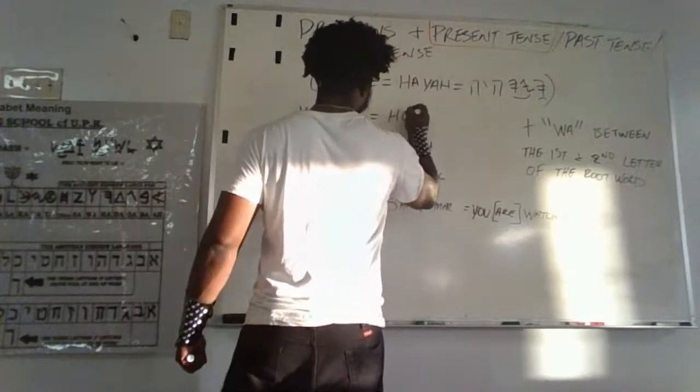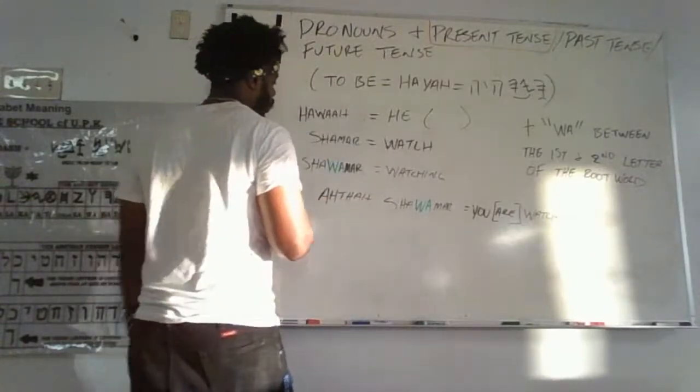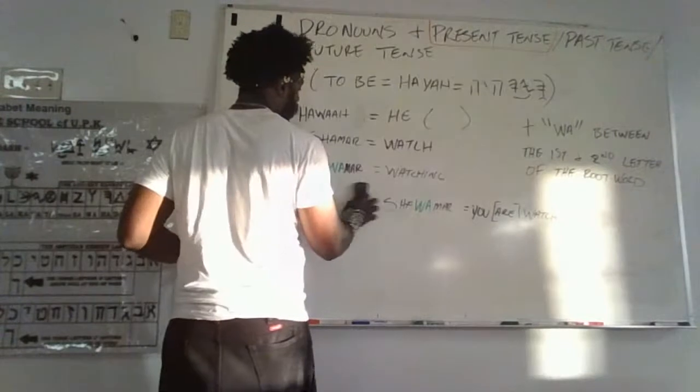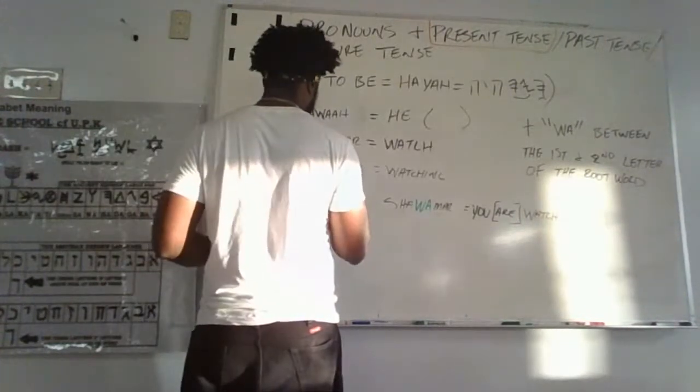Hawa, which is he. And with hawa, same thing: you add a wa between the first and the second word.